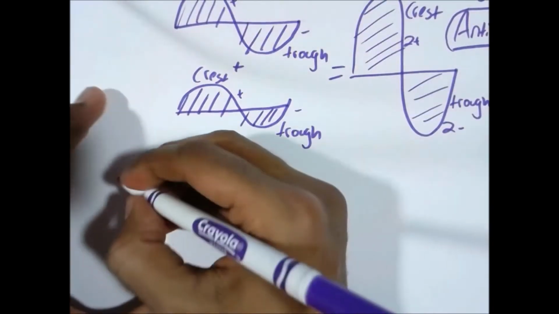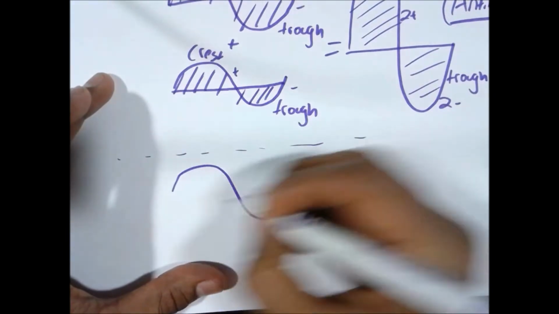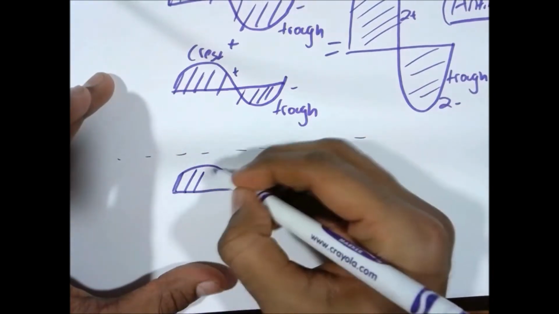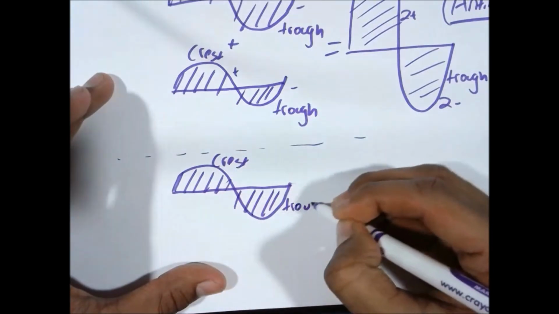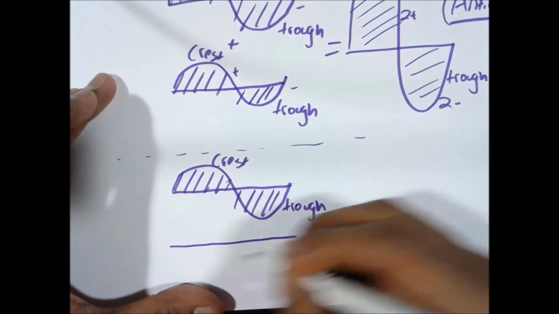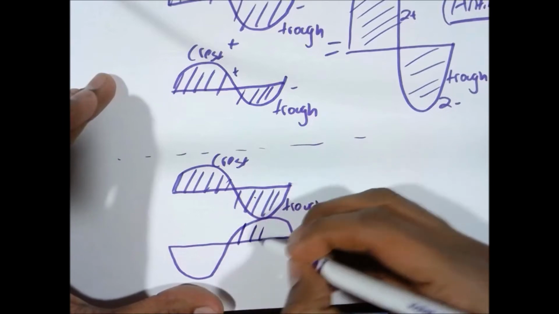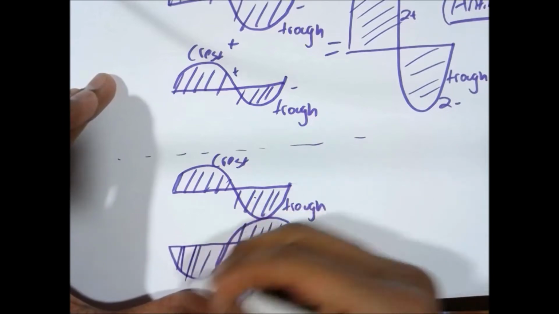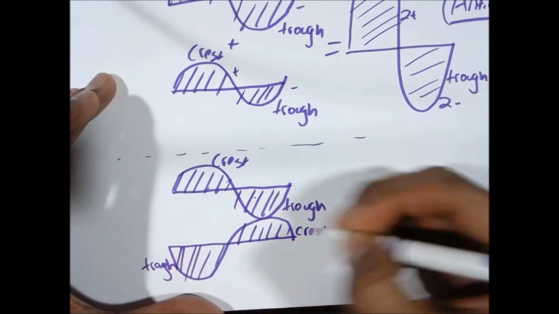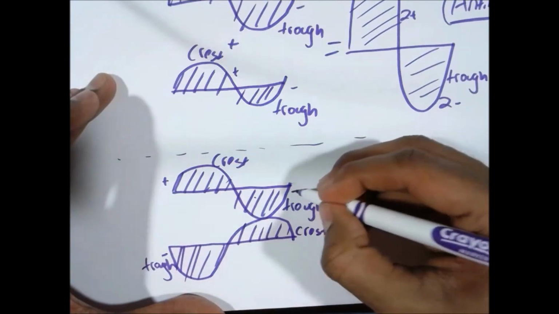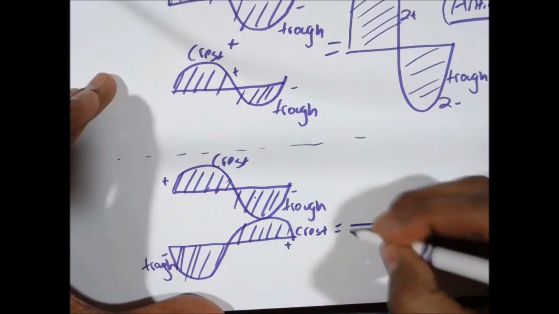Now on the flip side, if we have a crest from one wave that meets the trough of another wave, and a trough of that first wave that meets the crest of another wave, we're going to have something slightly different. You guys already know we're going to have destructive interference. Minus plus, what's it going to look like? Flat line, right?